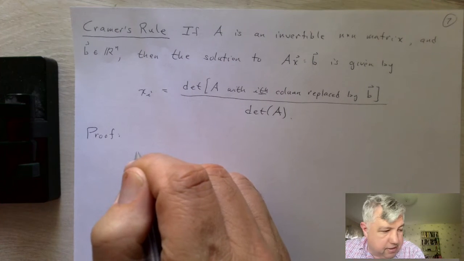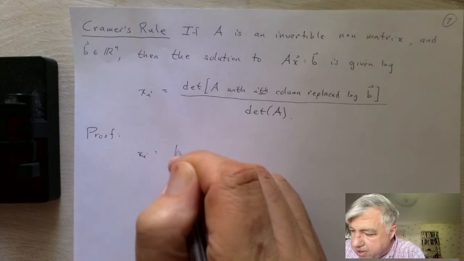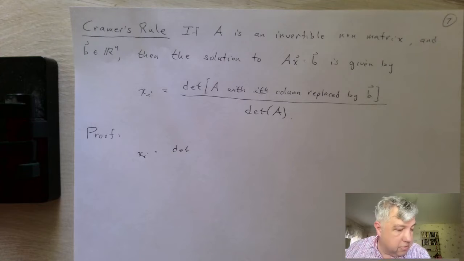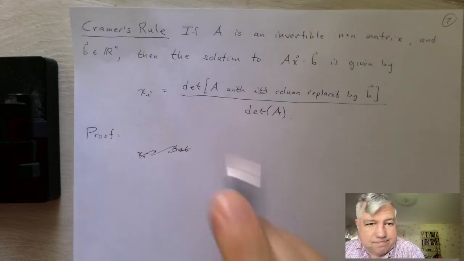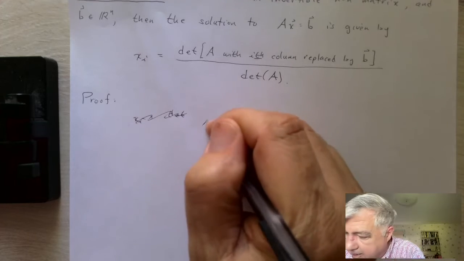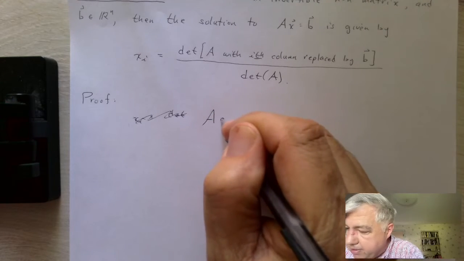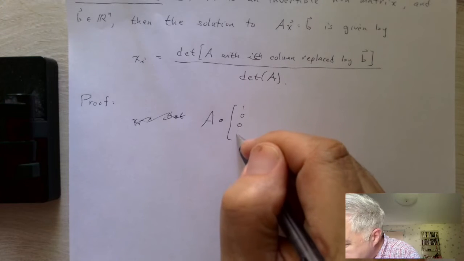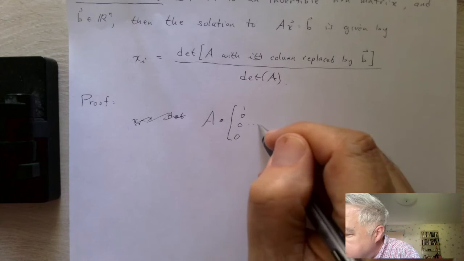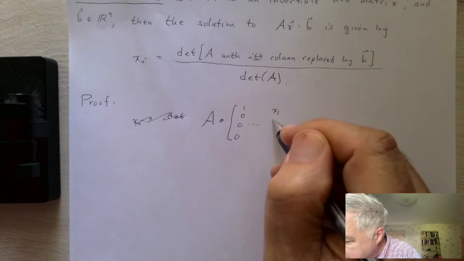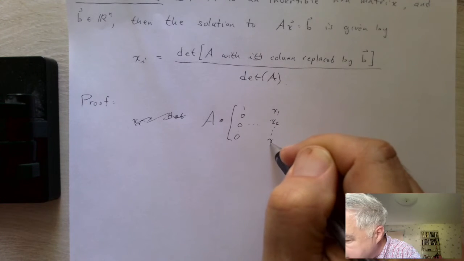let xi be the determinant of... okay, sorry about this. Consider the equation A times the identity matrix with the ith column replaced with x1 through xn.